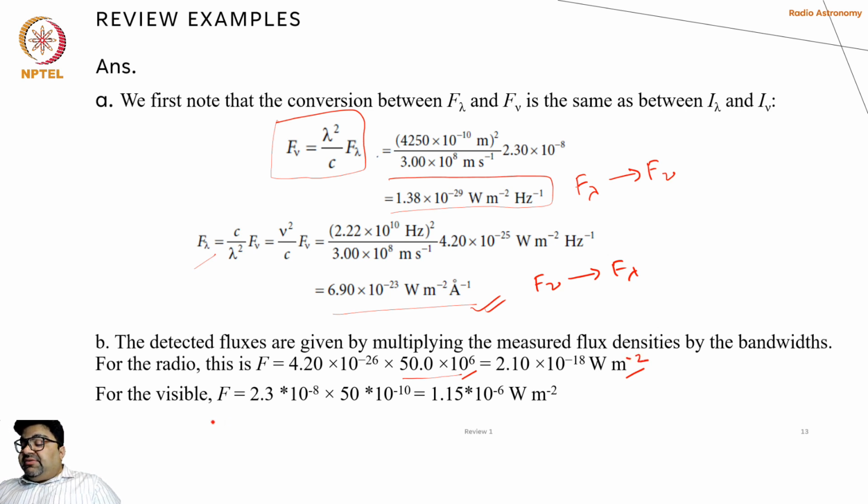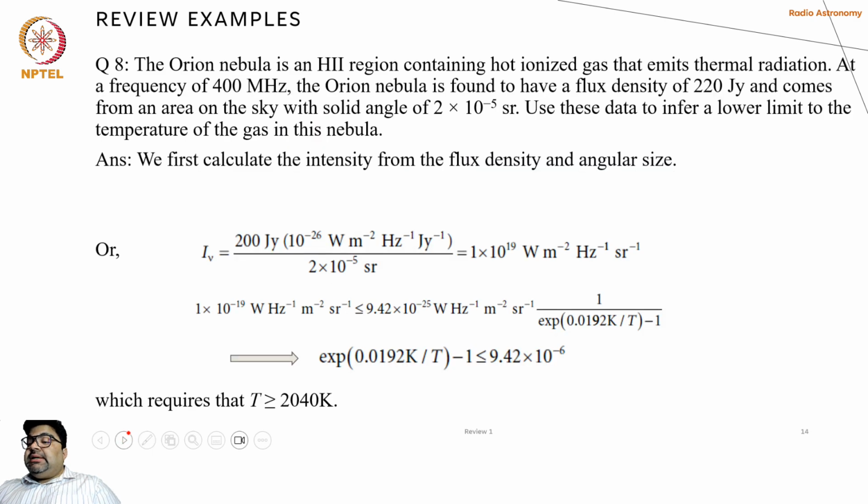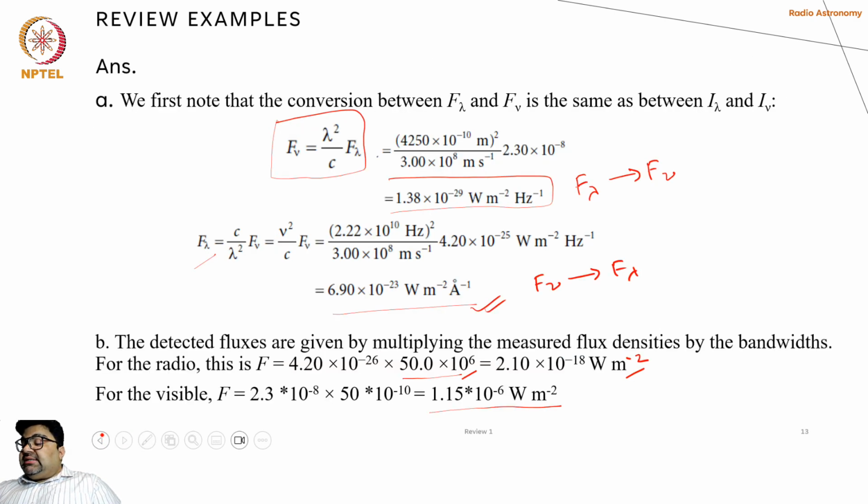Similarly, for visible, it's 2.3 × 10^-8 times the bandpass, which is 1.15 × 10^-6 watt per meter square. So you can clearly see that the flux is much brighter in the optical than the radio.